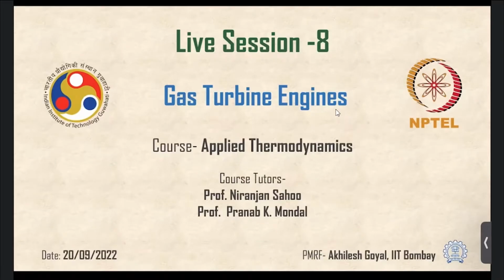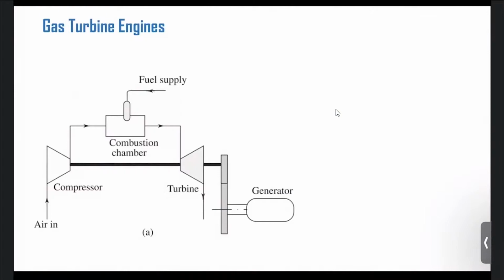Start solving problems. Okay, so to start with the session, what is a gas turbine engine and what are the components of a gas turbine engine? Basically there are three main components. The first one is the compressor, then the combustion chamber, and the third one is the turbine.